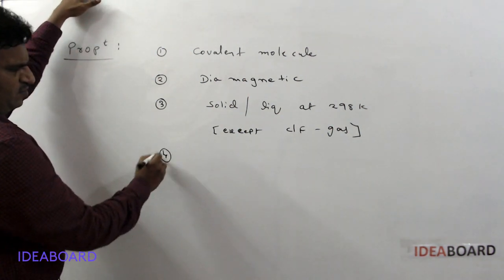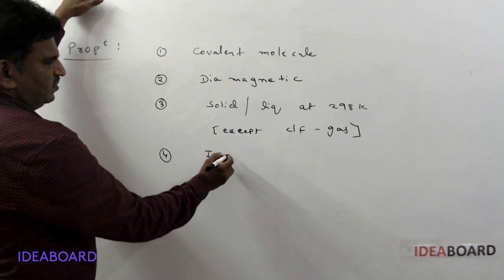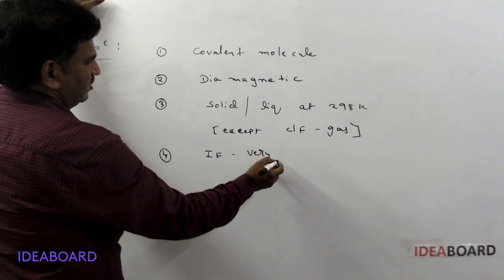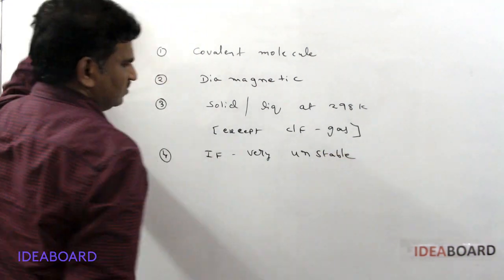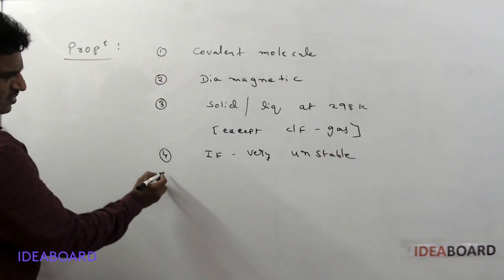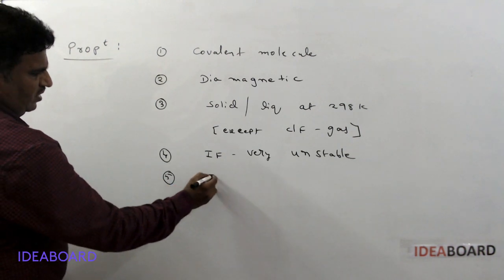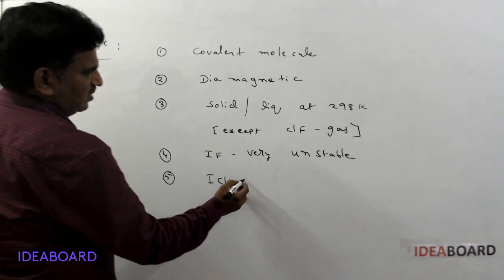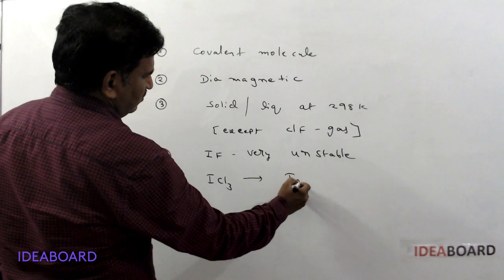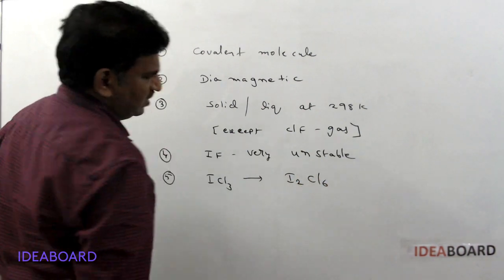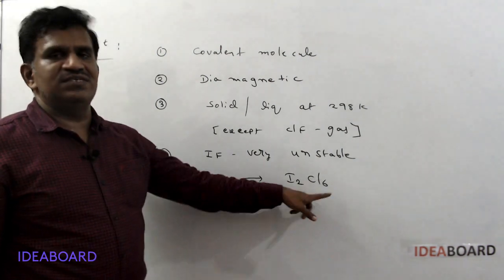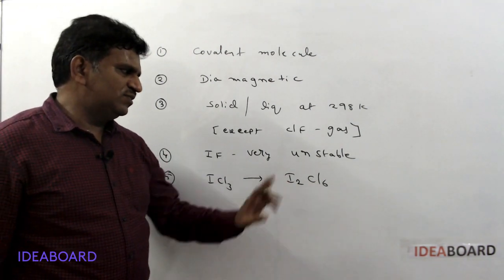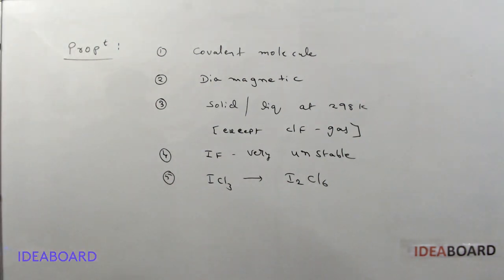And next point, IF is a very unstable interhalogen compound. And next, ICl3 easily undergoes dimerization to form I2Cl6. The iodine trichloride undergoes dimerization easily to form I2Cl6. Okay, these are the main properties.